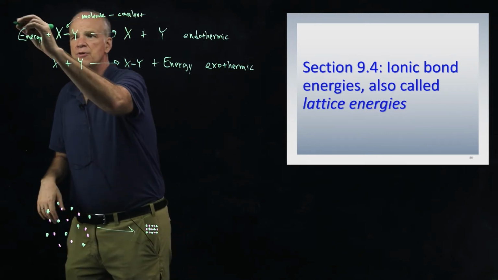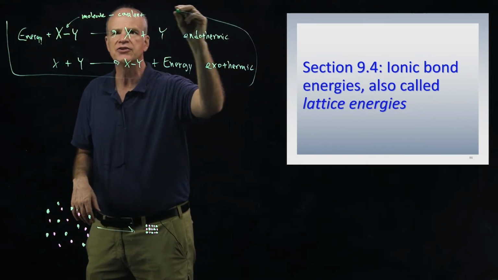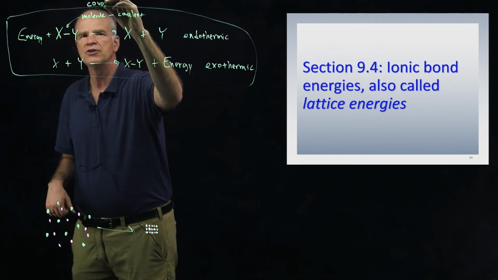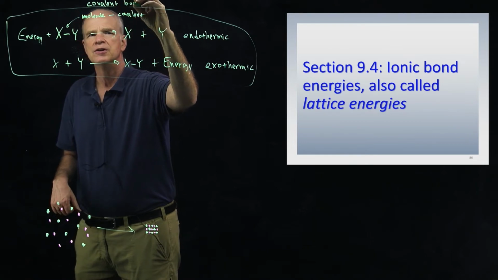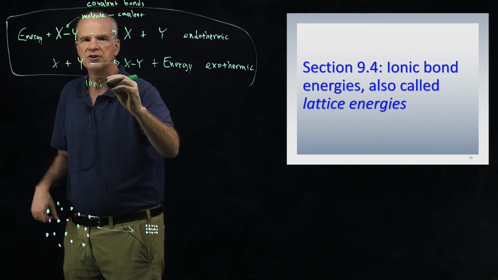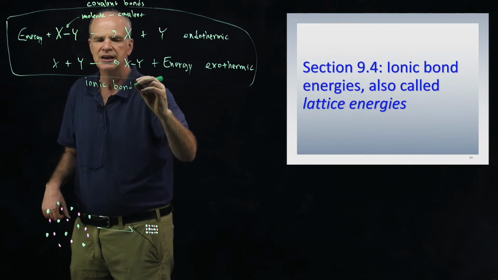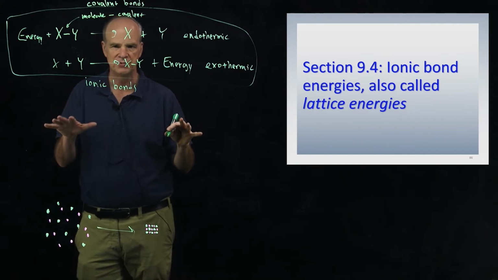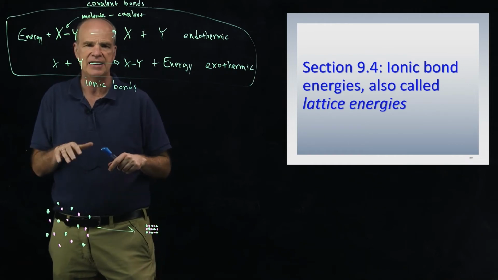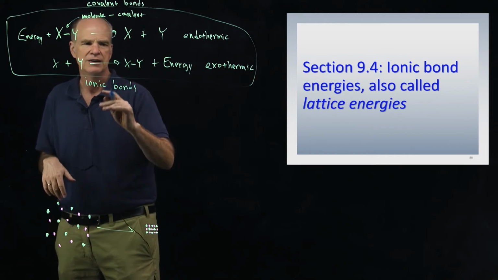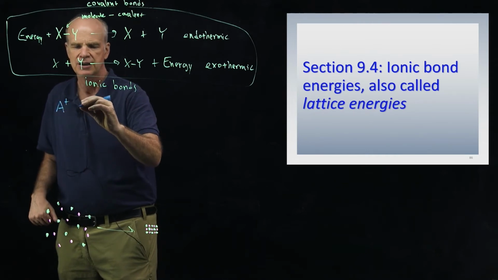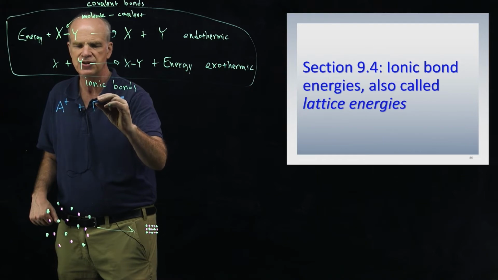Here, we were giving the example of a molecule with covalent bonds. But now we're going to look at a compound with ionic bonds, and basically the same principles apply. Instead of atom X and atom Y, we're going to look at ion A, which we'll say is a cation, and ion B, which is an anion.